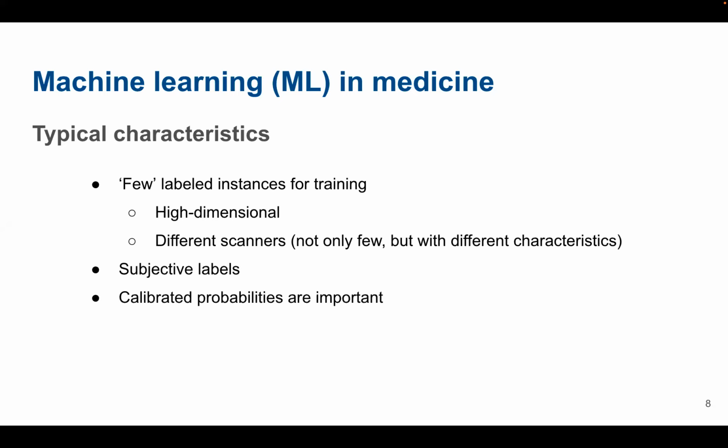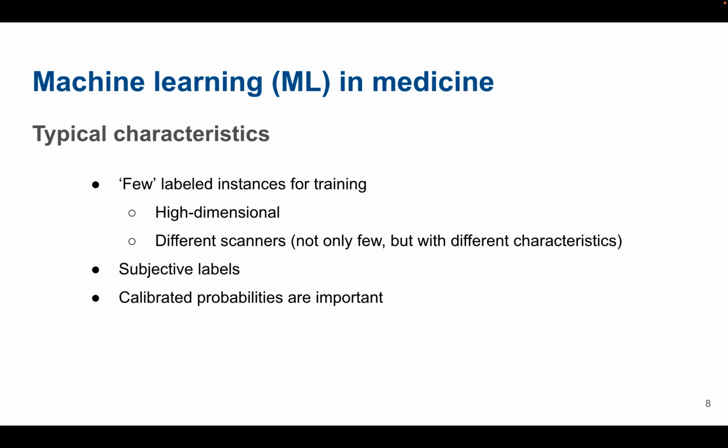One more point is something called calibrated probabilities. When you get an answer from a machine learning system, or any system, it's not enough to just tell you yes, they have the disease, or no, they are healthy. You also want to know what is the degree of confidence in that prediction.